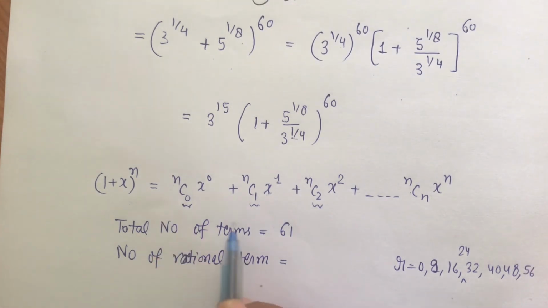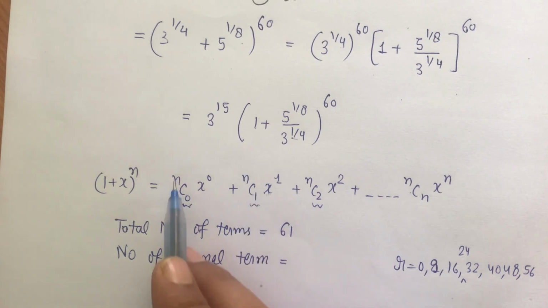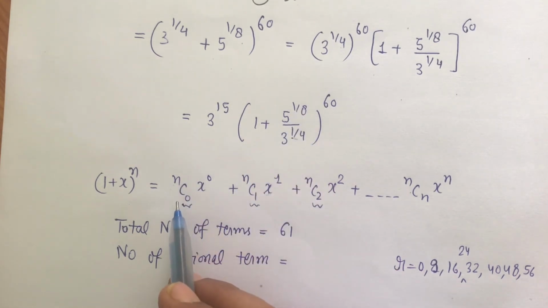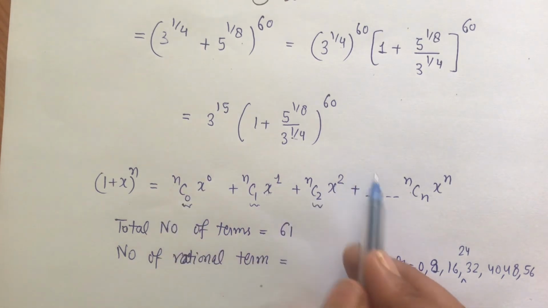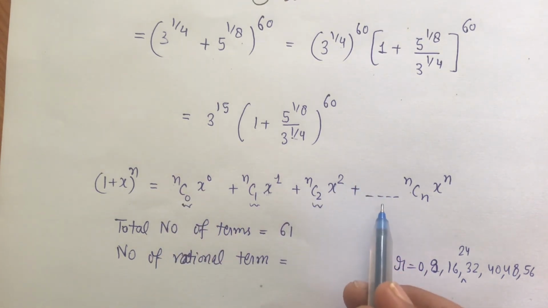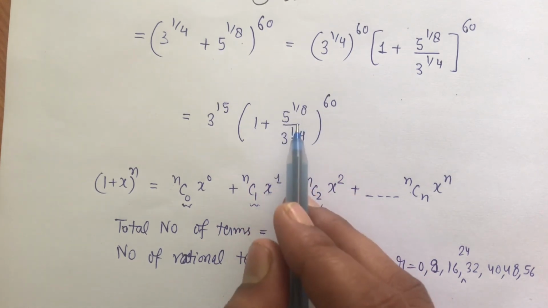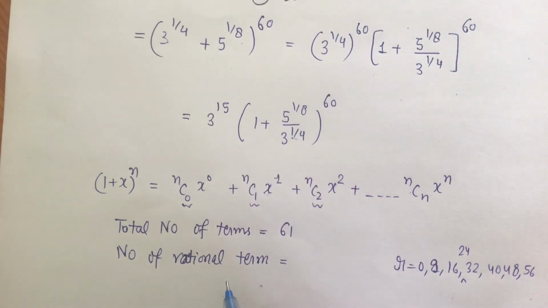If the term is nC0, this is power 0, rational. nC8, somewhere here it will lie, this is power 8, so the power will become rational, so the whole term becomes rational.